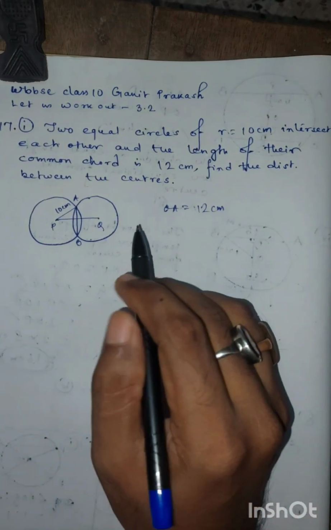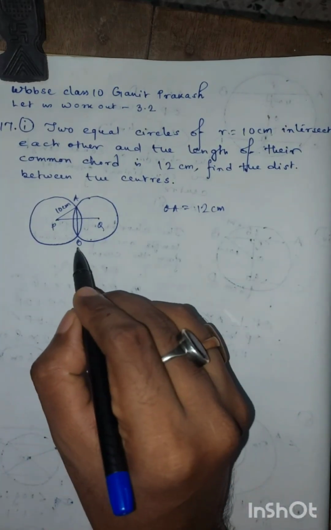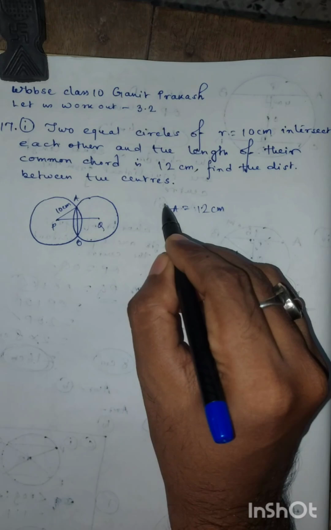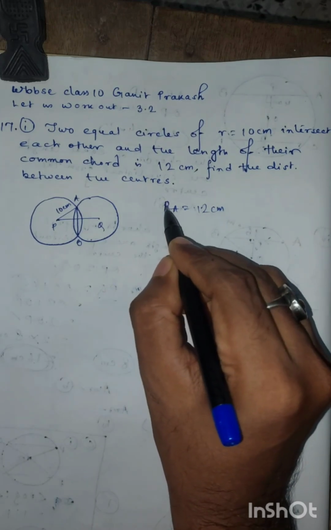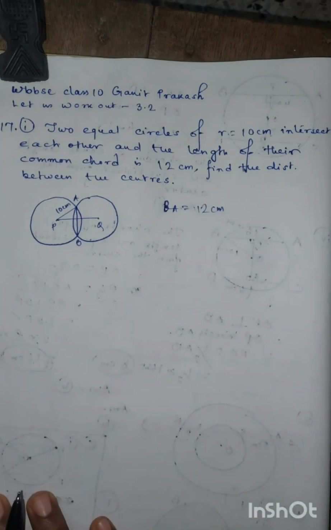Sorry, this length is actually AB. Length BA is equal to 12 centimeters. It is given.